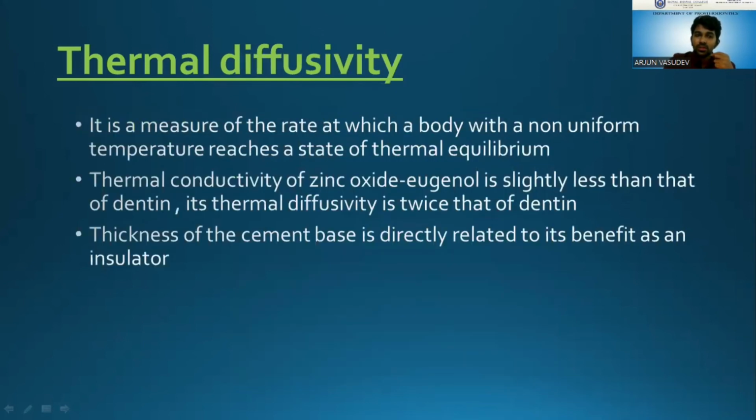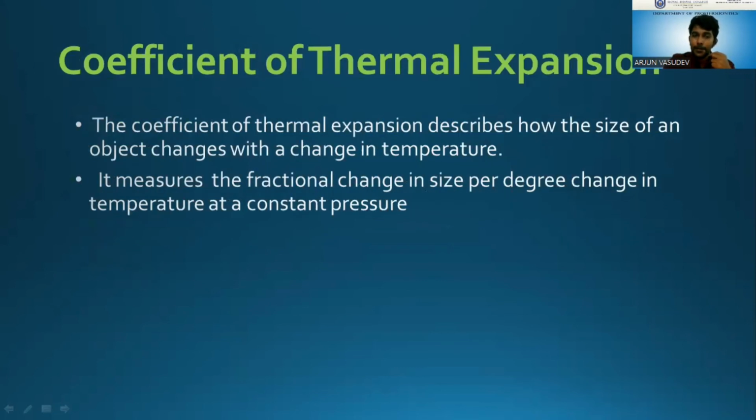Now, thermal diffusivity is a measure of the rate at which a body with non-uniform temperature reaches a state of thermal equilibrium. Thermal conductivity of zinc oxide eugenol is slightly less than that of dentin. Its thermal diffusivity is twice that of dentin. The thickness of cement base is directly related to its benefit as an insulator.